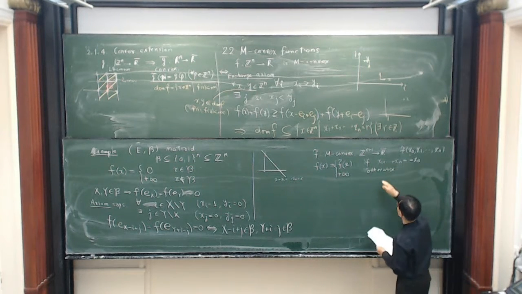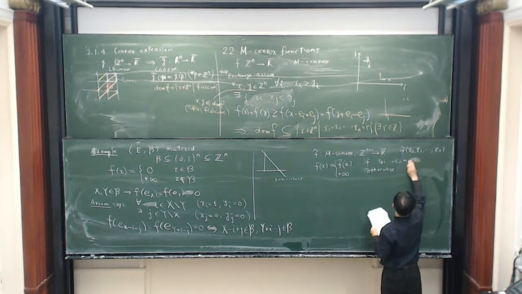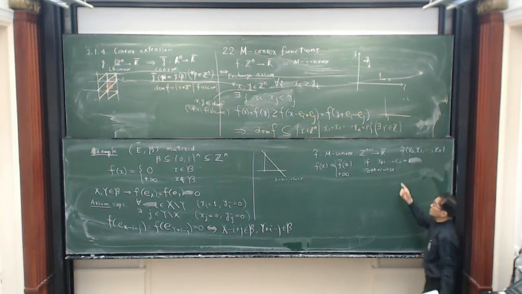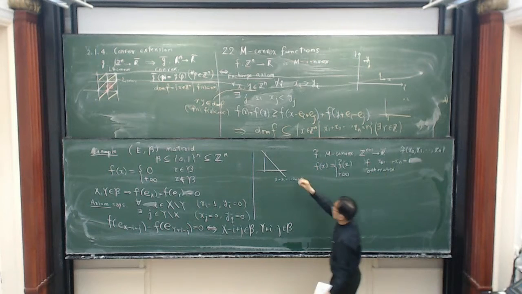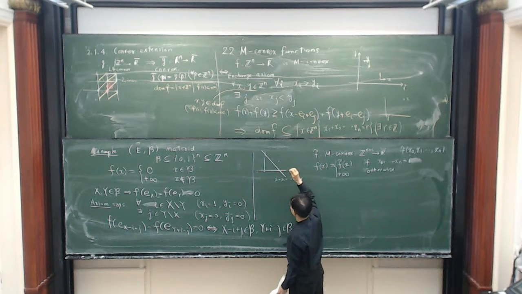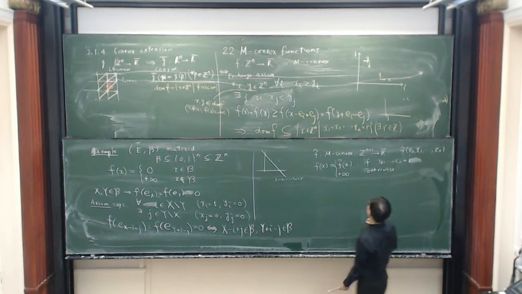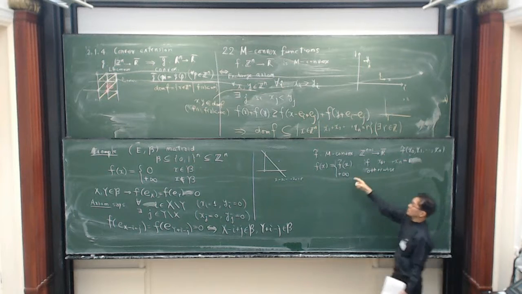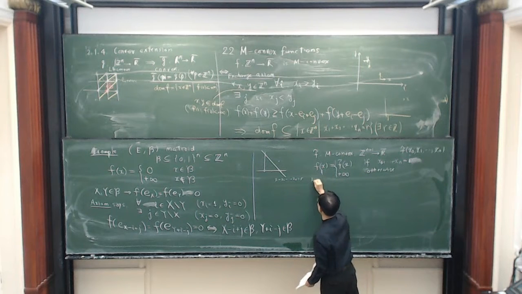Here it was plus infinity, but on this hyperplane, we take the values. x is x1 to xn.